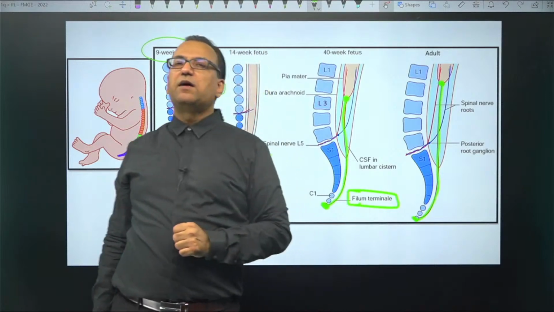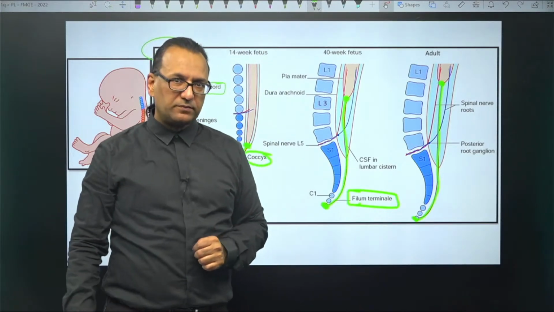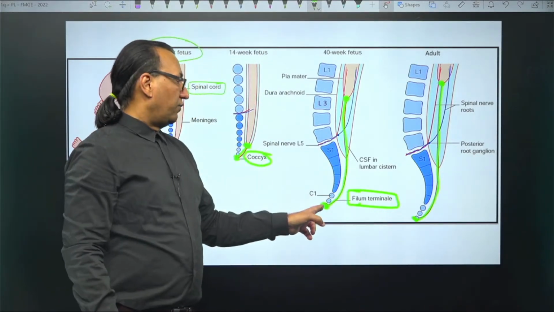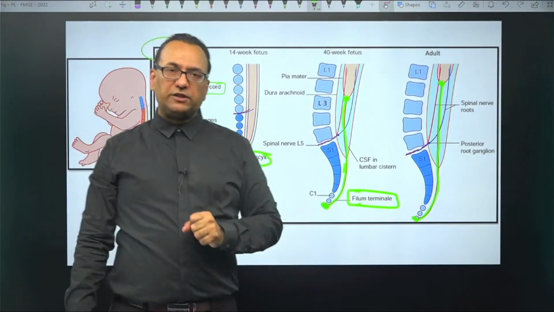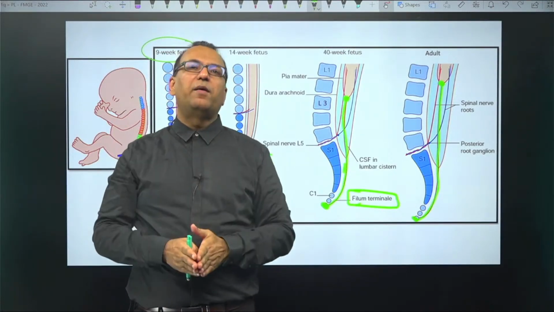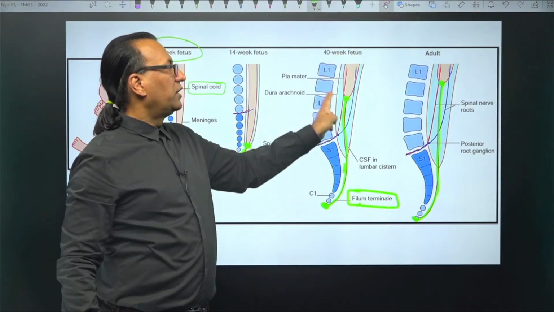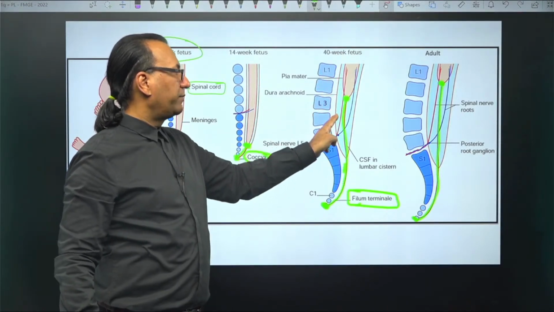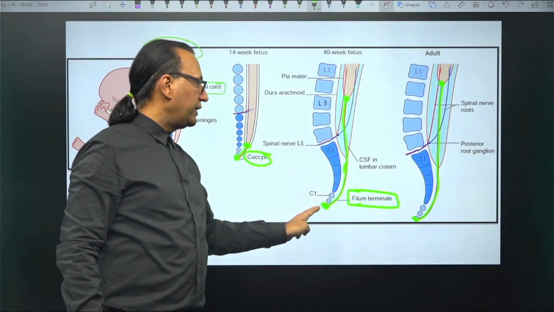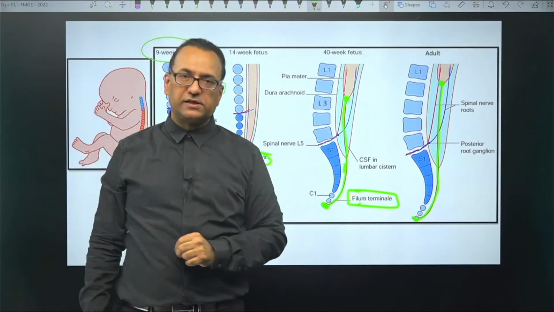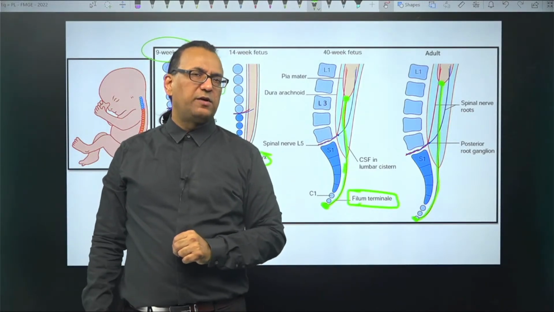Some books will say it is a modification of pia mater. What I say is, filum terminale is some collagen fibers covered by pia mater. Normally pia mater is covering the spinal cord, but it will continue down to cover the filum terminale and eventually reach the coccyx. So where is the spinal cord terminating?